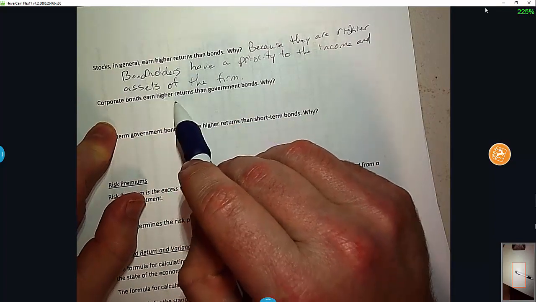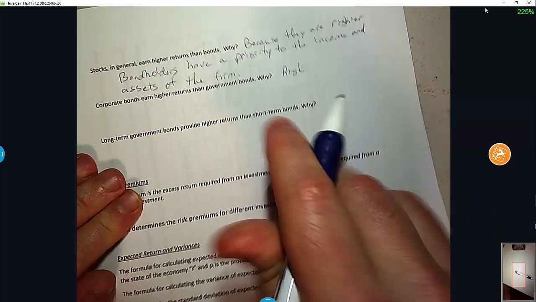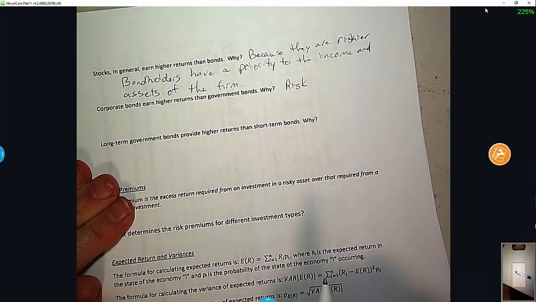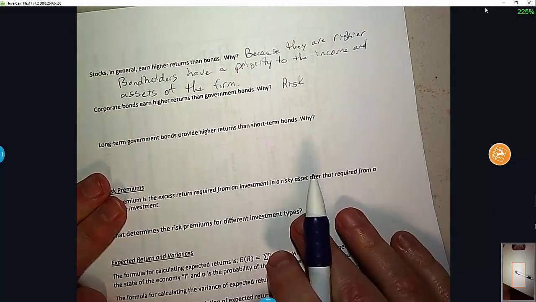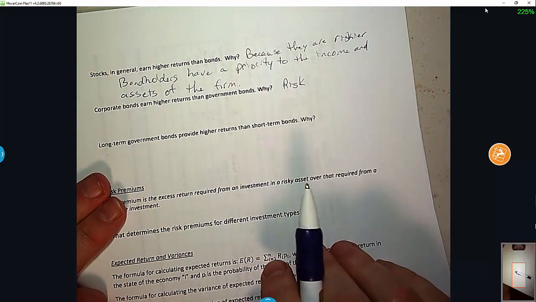Corporate bonds earn higher returns than government bonds, and again, it's risk. Corporate bonds are riskier. And when I talk about government bonds, I'm talking about U.S. government bonds. If we talk about bonds in Venezuela, government bonds are very, very risky.